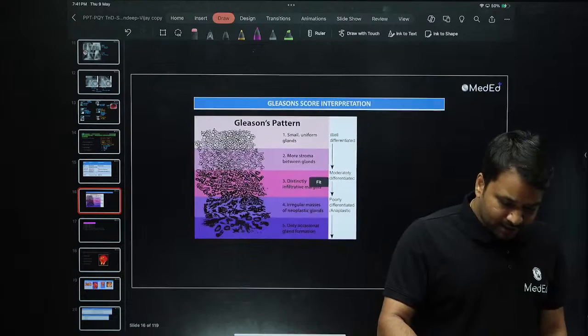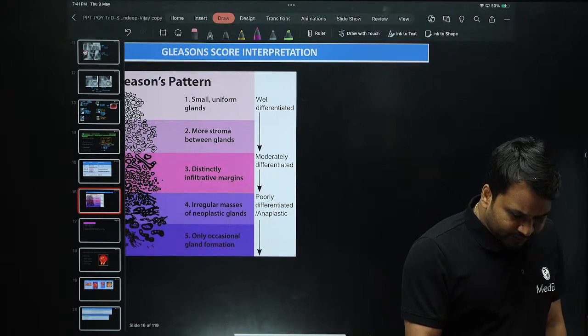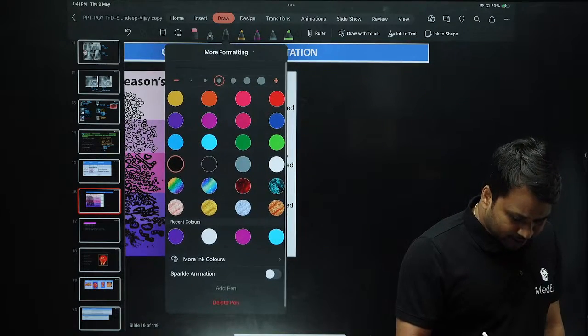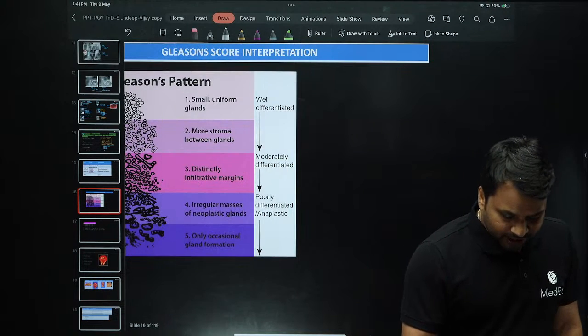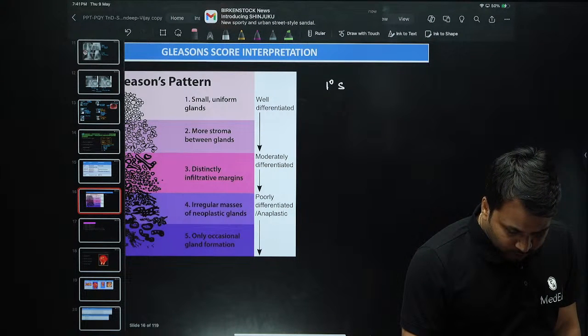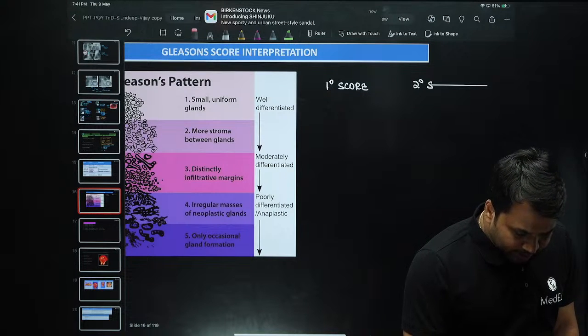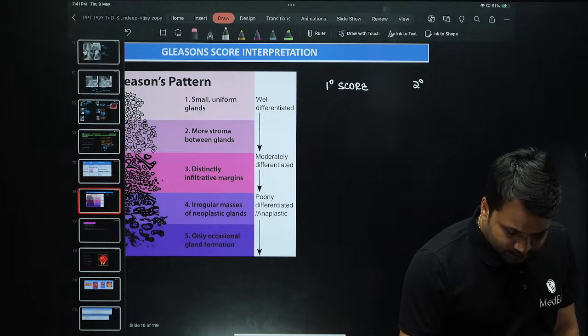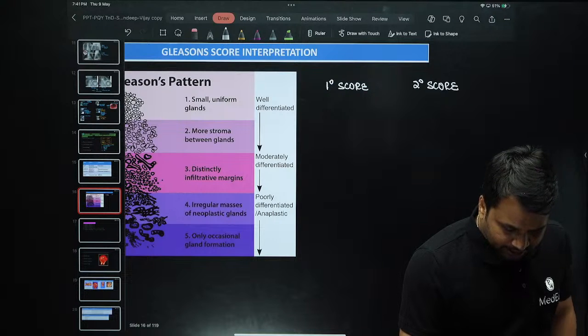When you do a Gleason scoring, we have something called the primary score and the secondary score. What is this primary score and secondary score? I hope everybody knows it, but a quick recap.